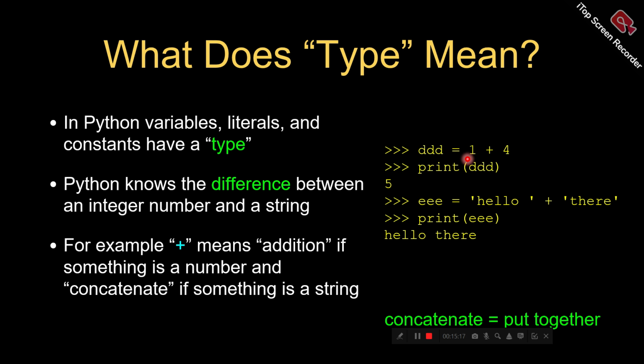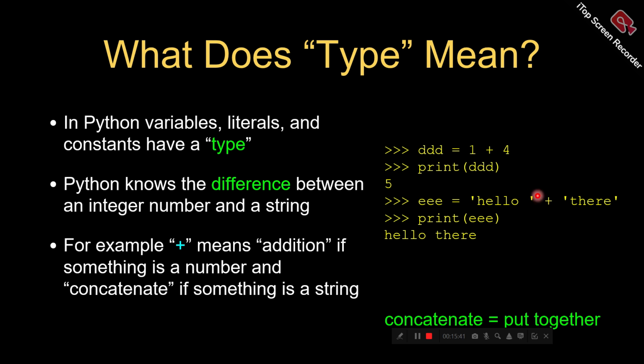Now, this is the addition of integers, which is possible, right? But what if we do the addition of two different strings? Mathematically, it's not possible, correct? We cannot add two strings, right? But in Python, this addition operator works as a concatenation operator as well.